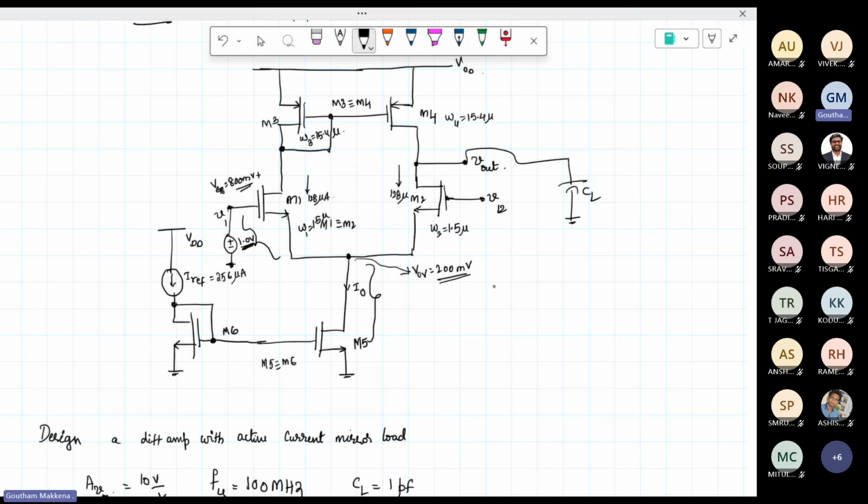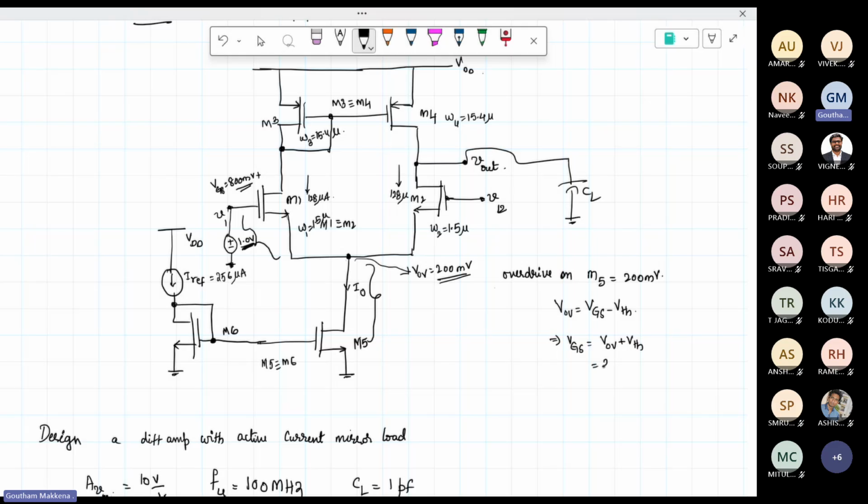Okay. So what is the overdrive on M5 that we are assuming? 200 millivolts. Okay. So we know that V overdrive is equal to VGS minus VTH. So from this, VGS is equal to V overdrive plus VTH.